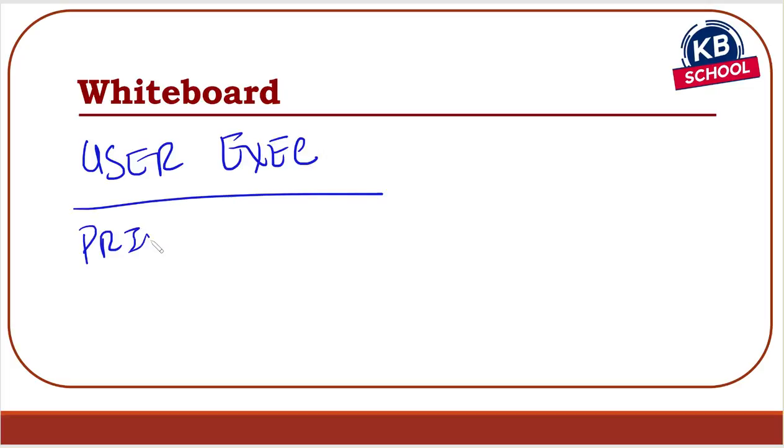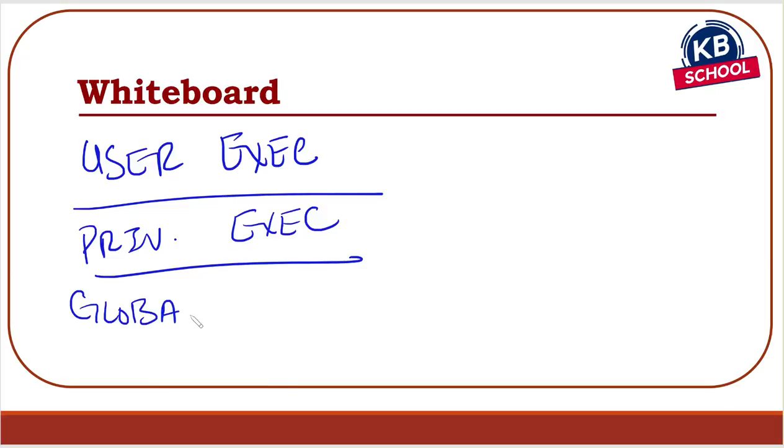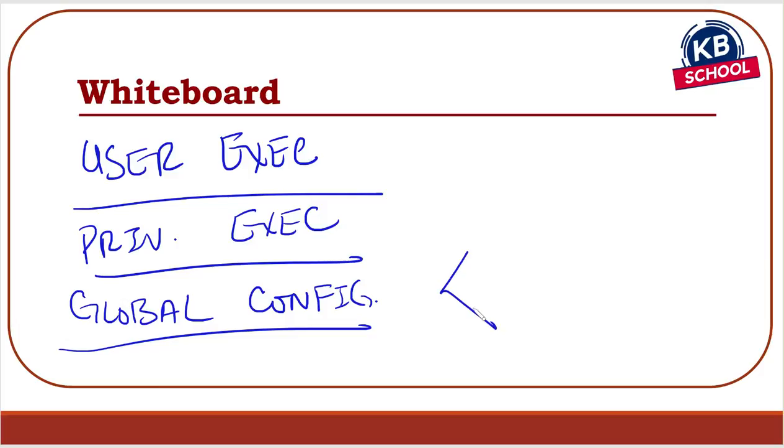Privilege exec, all verification commands, but very few configuration commands. And then you have the global config mode, which is where you have access to all the configurations, including sub modes that do specific configurations for specific components of your router.